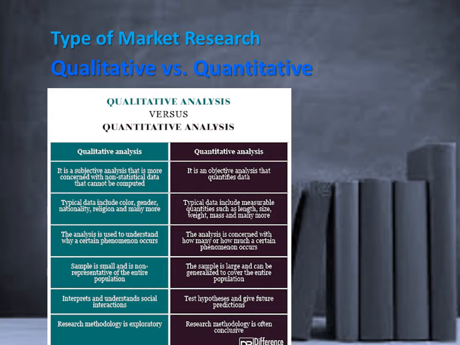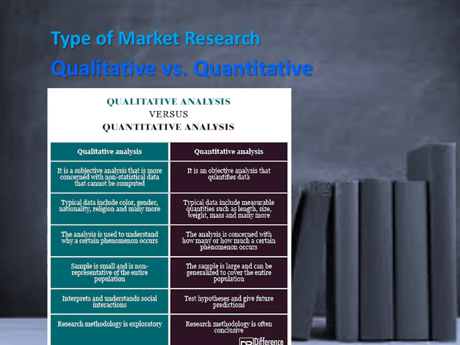You use this method where you want to understand a certain phenomena, where you want to understand a certain behavior, where you want to build onto the social interactions, where you want to comprehend and interpret the social requirements. This is more exploratory in nature.